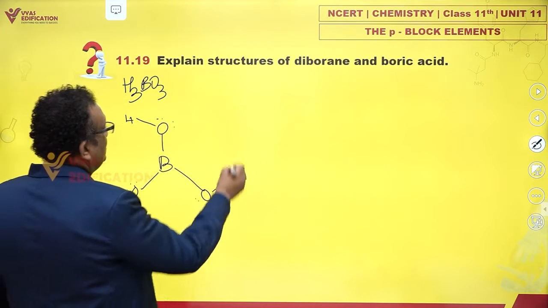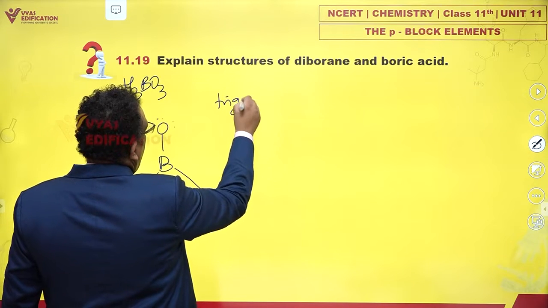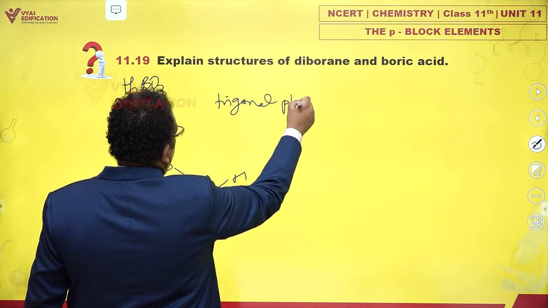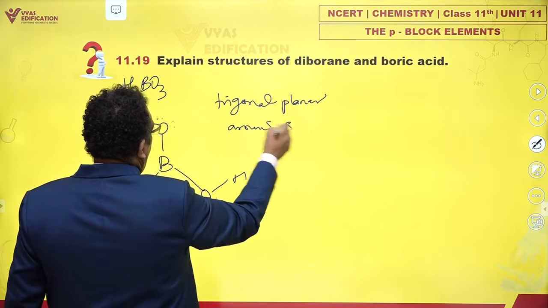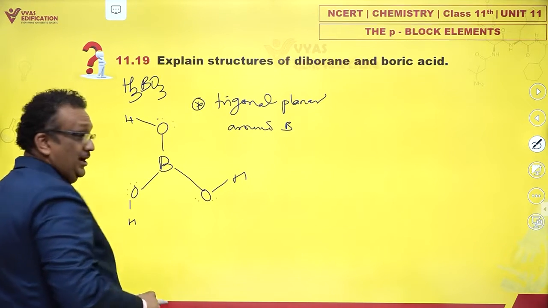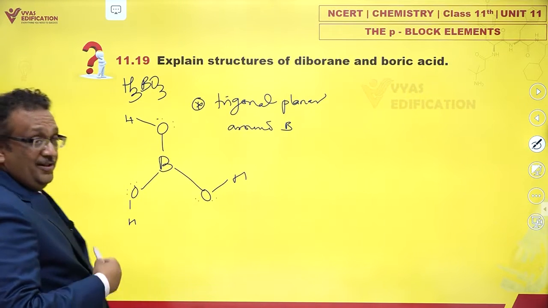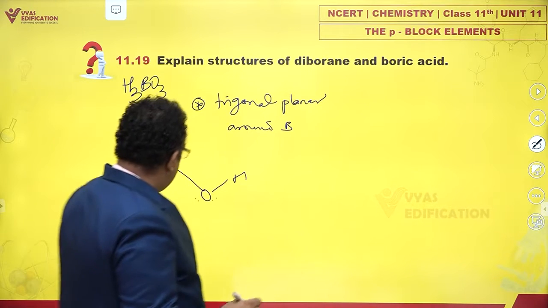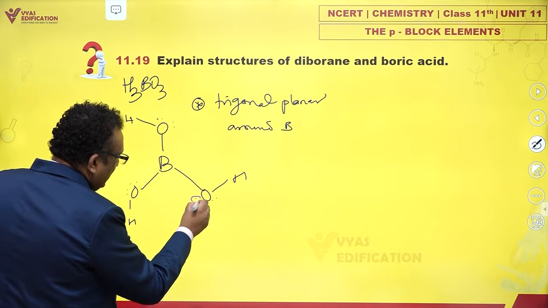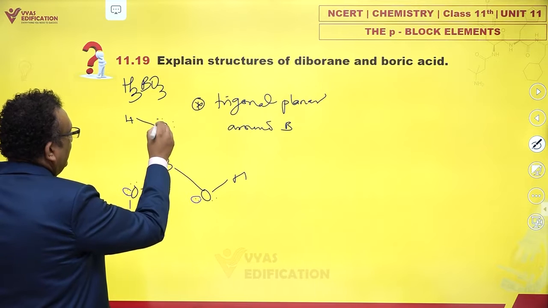Boric acid is trigonal planar around boron. And also please note, the funny part of boric acid is that each of these oxygen atoms contains these lone pairs. There are lone pairs you can see.